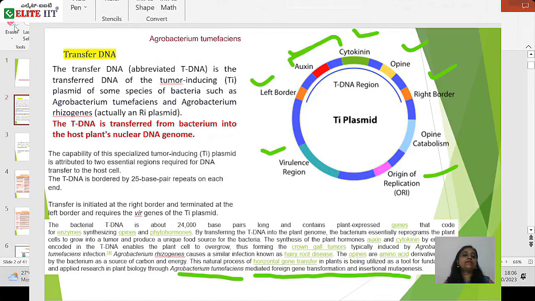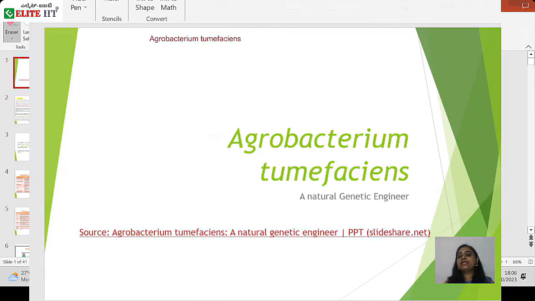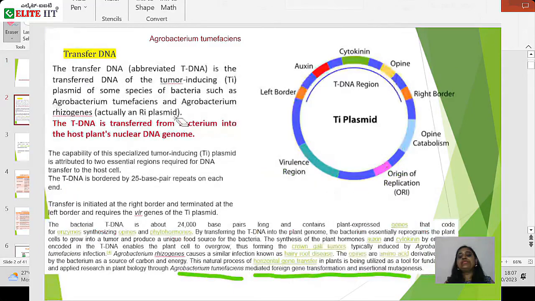Now see what is happening here. If you consider the TI plasmid, which is present in which bacteria? Agrobacterium tumefaciens. In the TI plasmid, a few important regions are there.